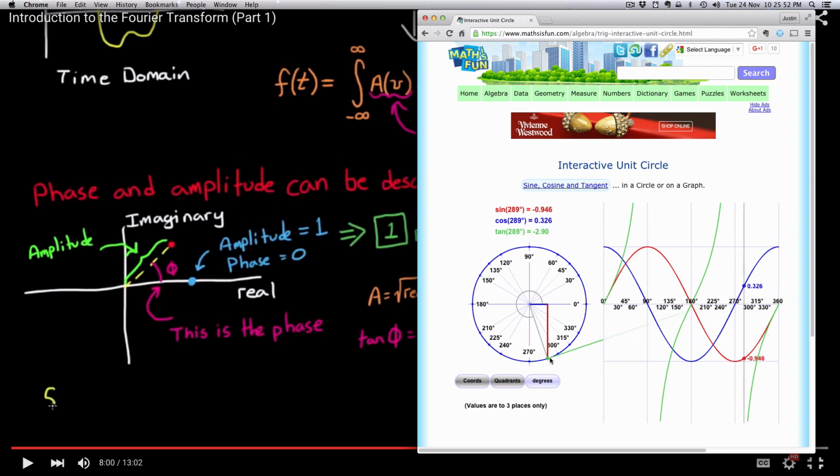We can describe all these points along the unit circle, along our waveform, both in terms of what he describes as rectangular coordinates, the x and y axis, the real and imaginary parts, but also in terms of polar coordinates, which are a factor of the angle and the radius.